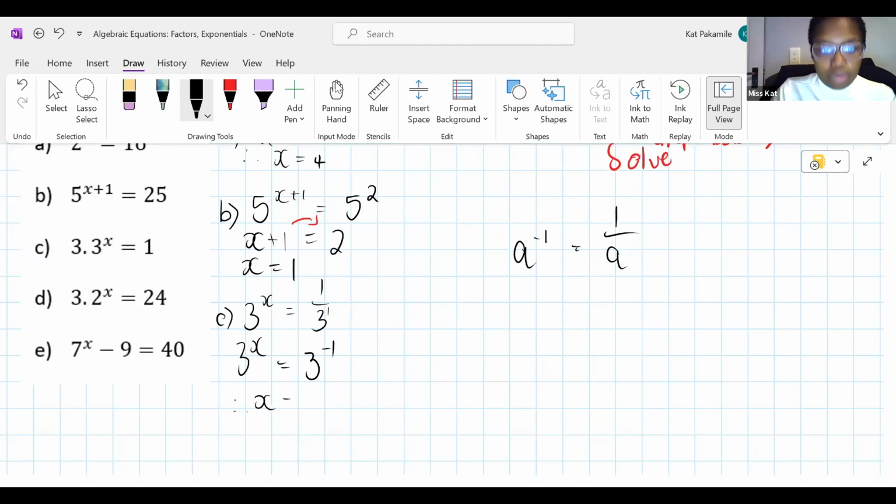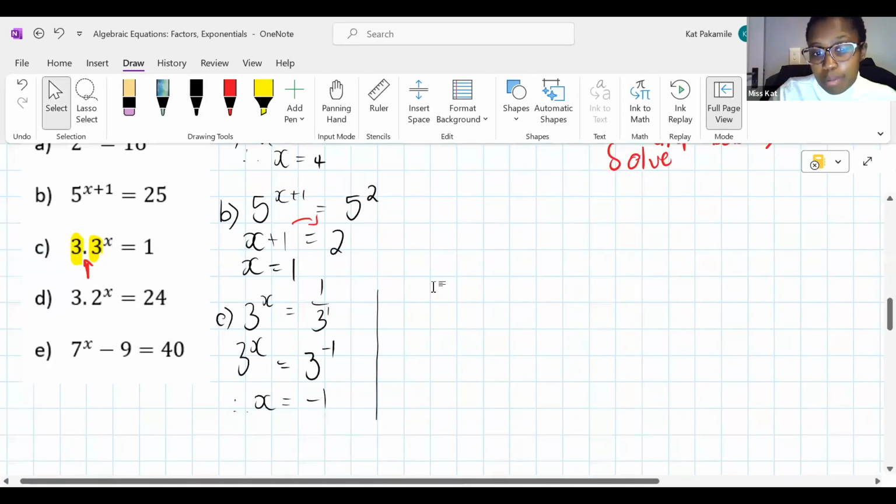There we go, Tammy. But I want to show you there was another way of doing this. Okay, we're doing it together. Don't run away. If you have the same bases, Tammy, and we are multiplying, what do you do to the exponents? If we have a 3 and a 3, and we are multiplying, what do you do to the exponents?